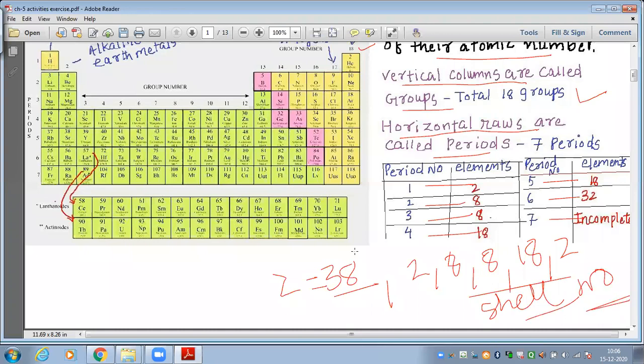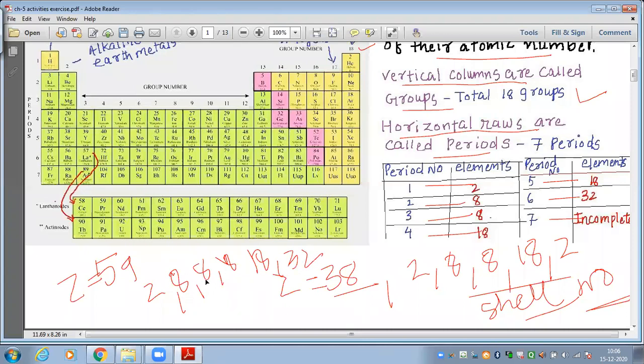So my dear students, for any number, suppose you have atomic number Z equal to 59. In that case, you can write it as 2, 8, 8, 18, 18, and 32.